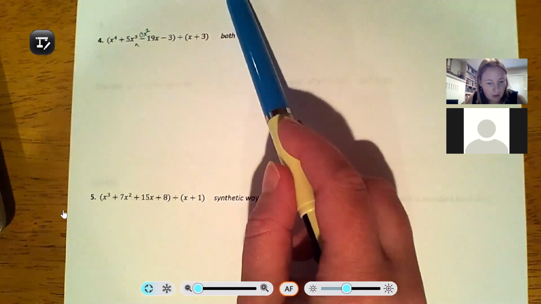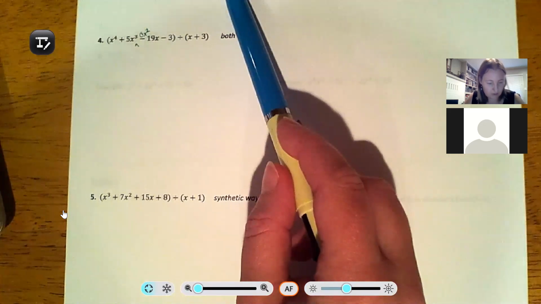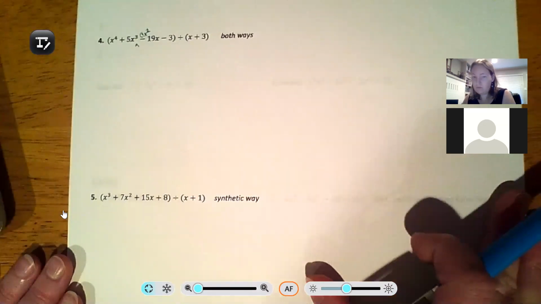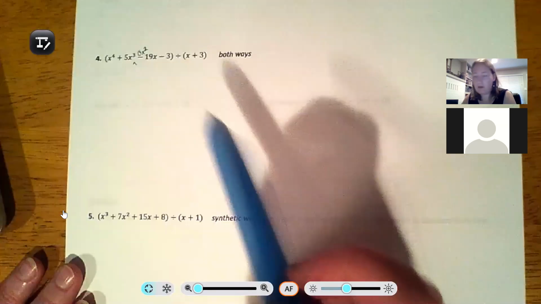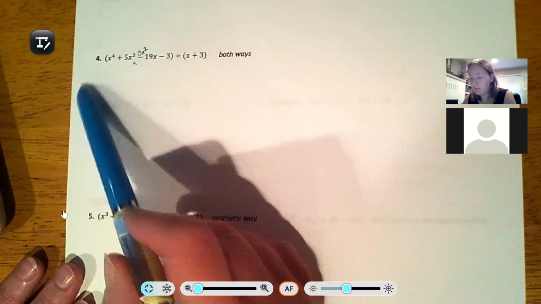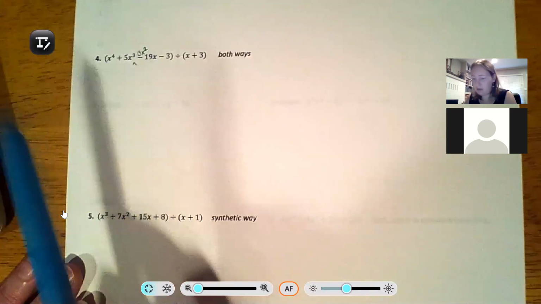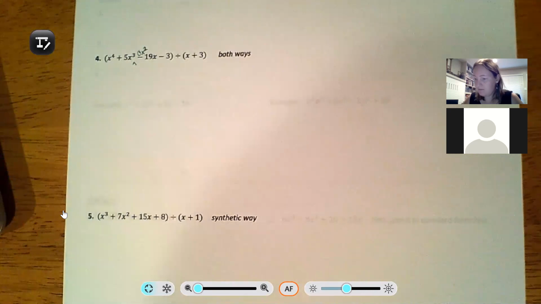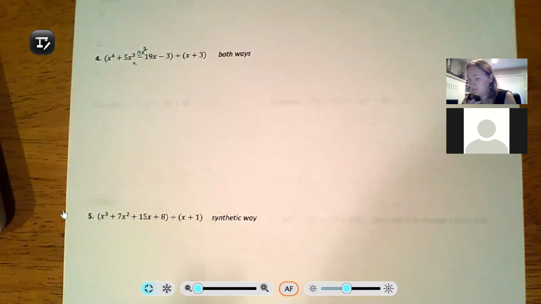I wanted to see if there was one where we had a 0. Okay, why don't you do whichever one you want to do. You can do this number 4 here, or you can do number 5 if you want. 5 is a little more straightforward because it doesn't have any zeros. Let's go with 5. Okay.